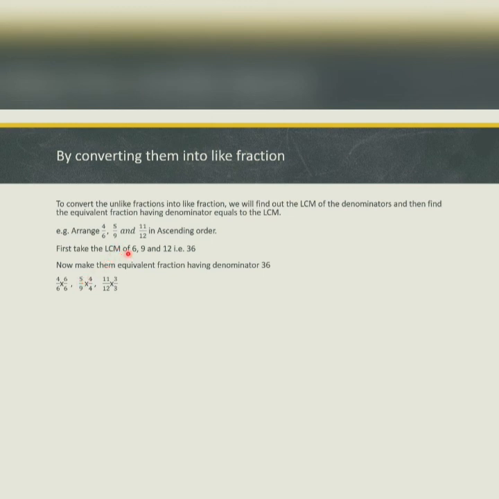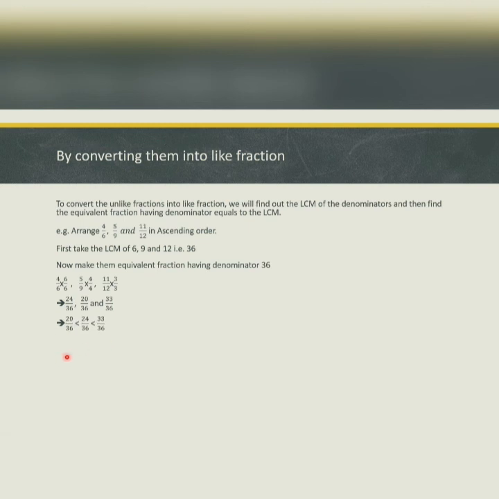If you multiply 9 by 4, you will get the denominator 36. If you multiply 12 by 3, you will get the denominator 36. So we will multiply the numerator and denominator both by the same number. And the results are 24 upon 36, 20 upon 36 and 33 upon 36.